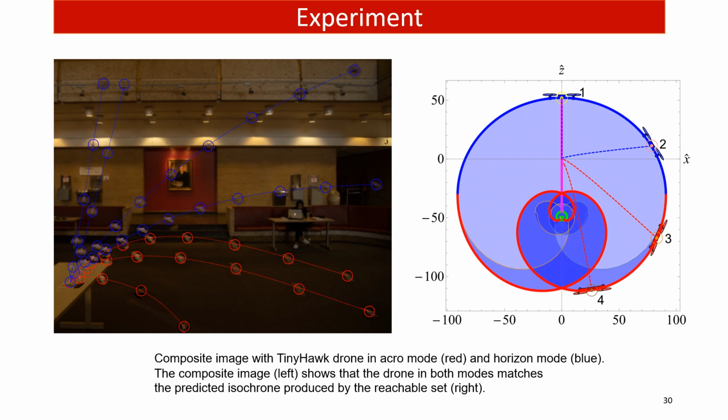The composite image on the left shows that the drone in both modes matches the predicted isochron produced by the reachable set on the right.